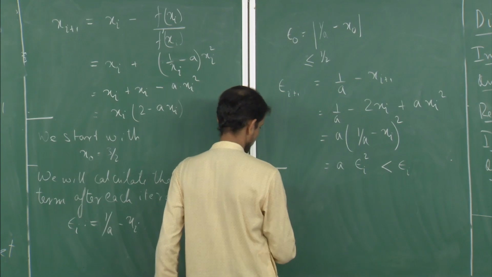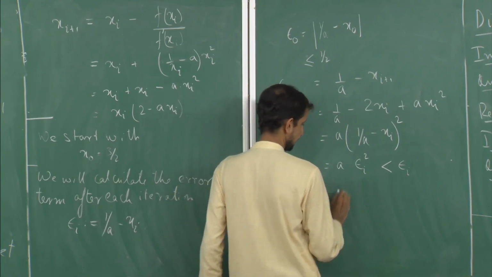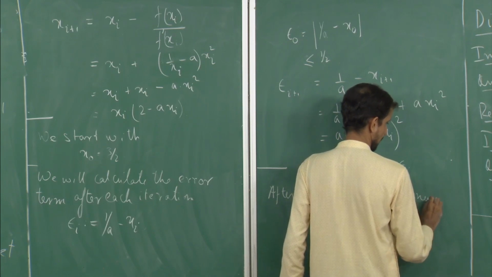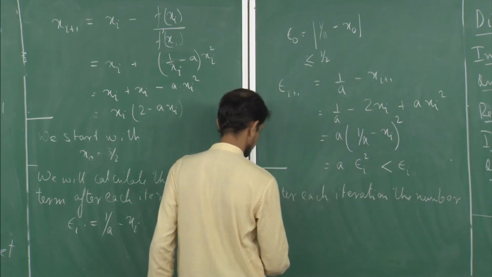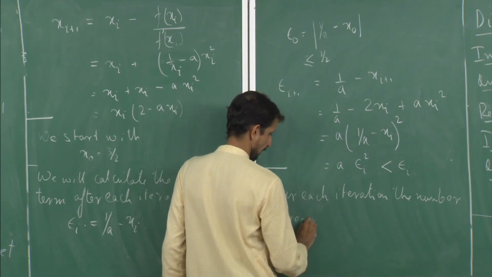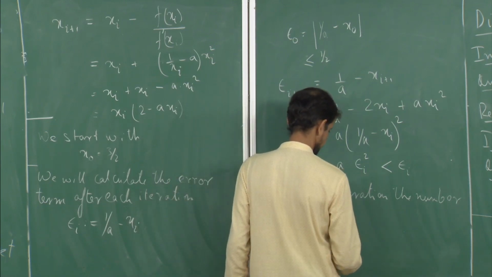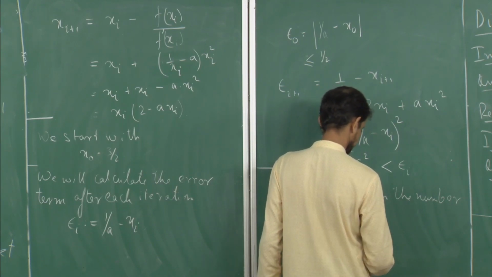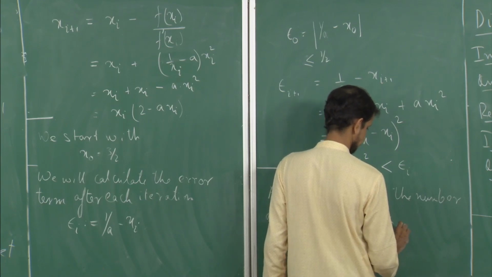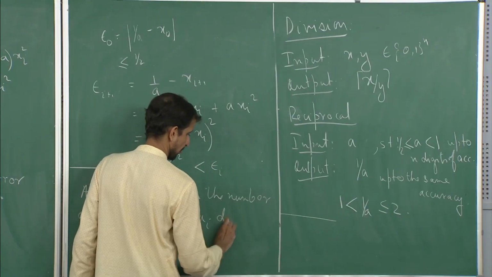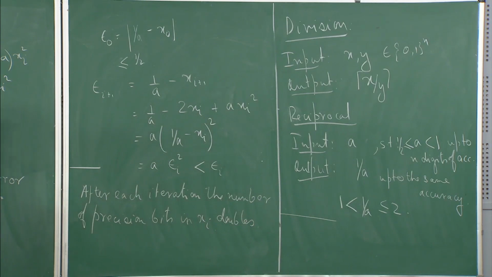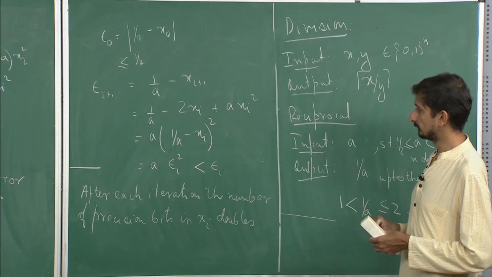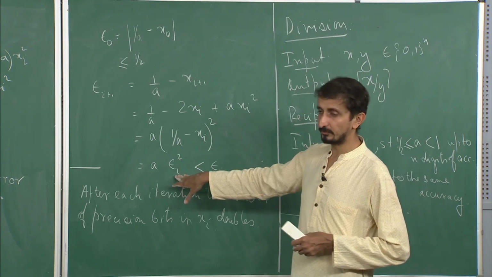So after each iteration, the number of precision bits in xi doubles, because I have a quadratic factor over here.